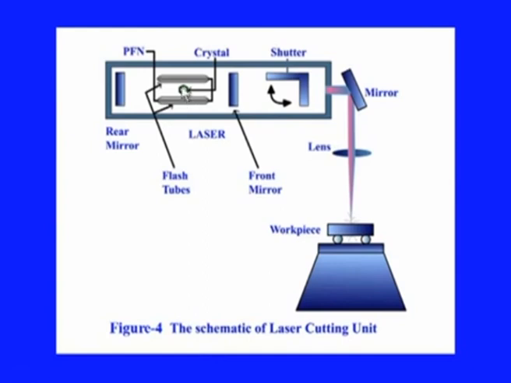Thus, the energy level in this crystal will be increased by this additional energy from the flash tube system, and then the emission from this crystal will take place in the form of laser.